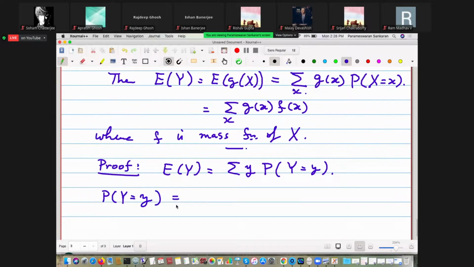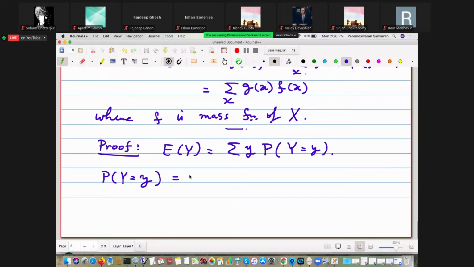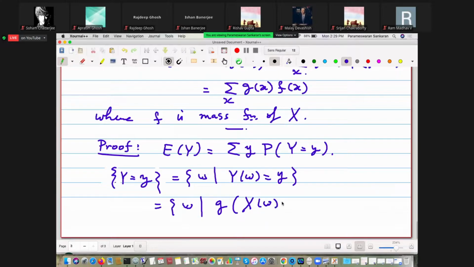Having written this, we want to understand what this set is: Y equals y. This means the set of all omega such that Y of omega is equal to little y. And this means the set of all omega such that g of X of omega is equal to y.